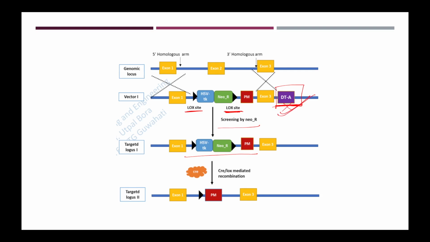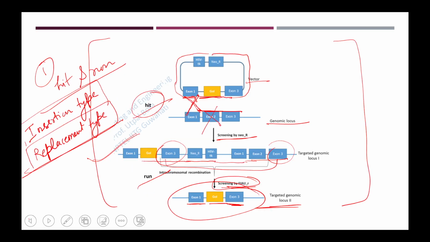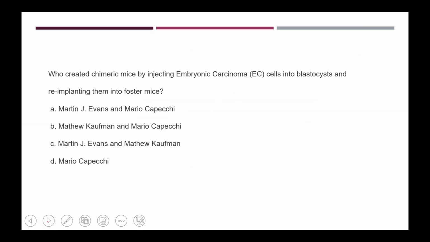And then with the inducible Cre recombinase, with the help of this LOXP site, you will be able to remove this particular thing and only put the point mutated gene of interest. So this is how these three, recombination, tag and exchange, and hit and run systems will work.